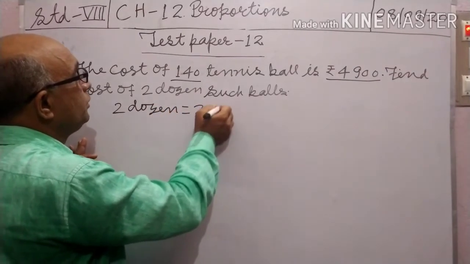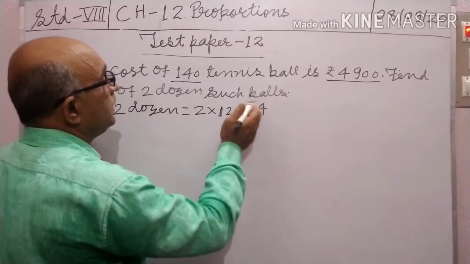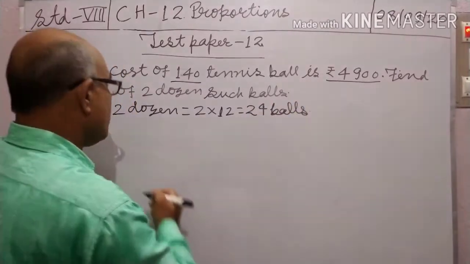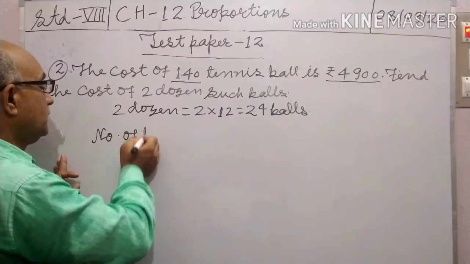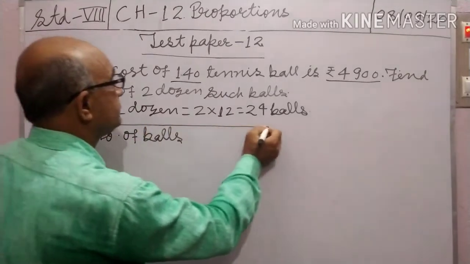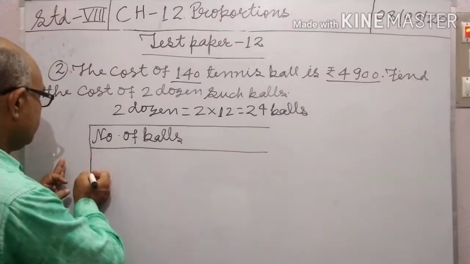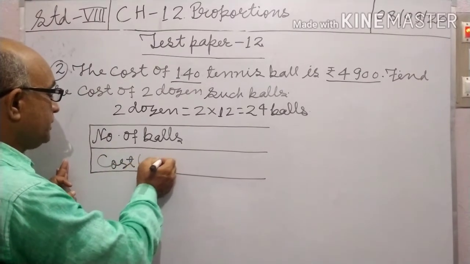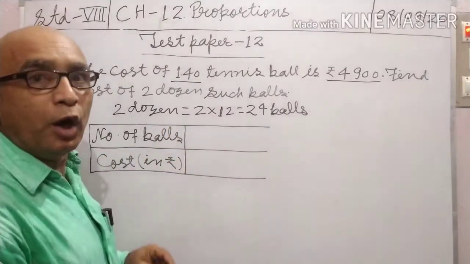2 dozen means 2 into 12 equal to 24 balls. So write in the first column number of balls, and in the next column write cost in rupees.